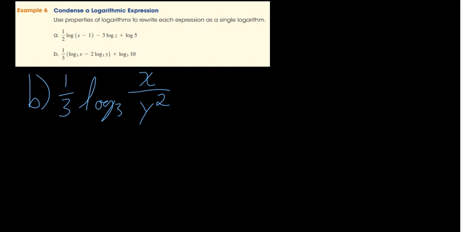All I did was put the log of the x in my numerator, and then I put the 2 on the y and made it a y squared, and I put that in my denominator, because this is a subtraction. Now it becomes clear where we put that 1/3, but we'll do that in the next step. And then that is plus log base 3 of 10.